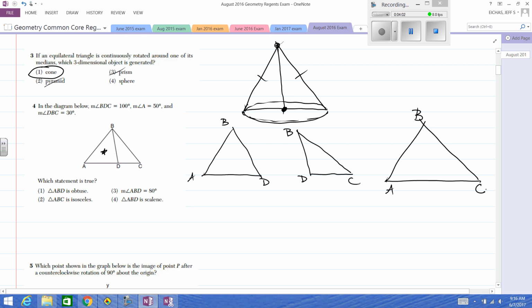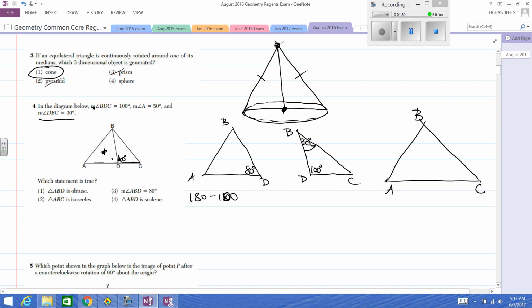Angle DBC might not look like the smallest angle, but what we're saying is that it is 30 degrees. Follow the path, D to B to C, BDC, so that's 100. If that's 100, then this angle is 180 minus 100, if we need it, so that's going to be 80.